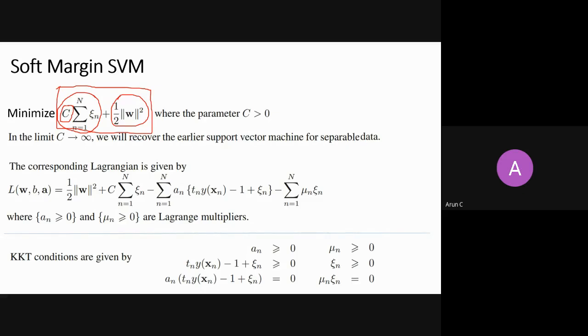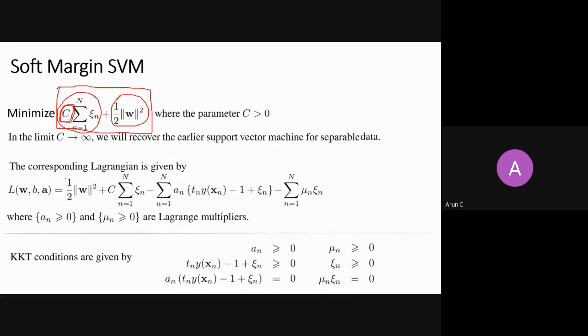I am not ready to accept any error. C is my hyperparameter, which says how lenient you are with the slackness. If C is infinity, then you are saying I don't care, I'm doing hard margins here. And if it is greater than 0, like 1 or 2 or 3, it is a hyperparameter, and you are ready to accept some error in terms of the slackness. And the rest of the things are the same.